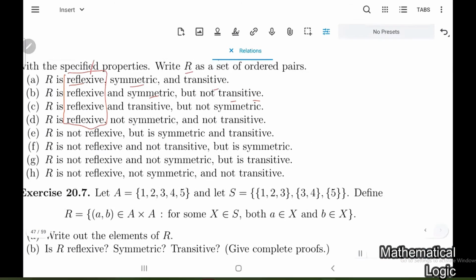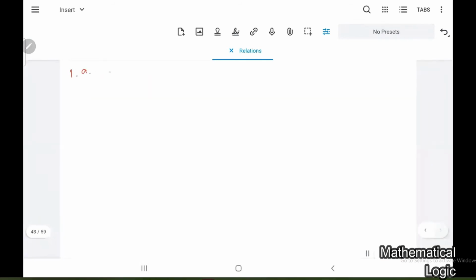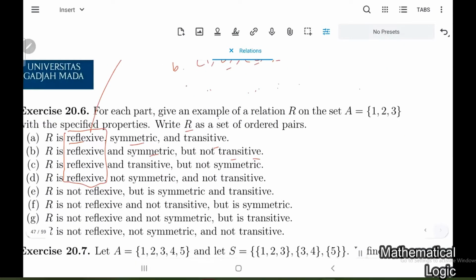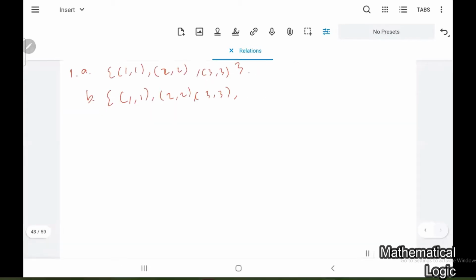So for the first one, for point A, the reflexive one, we should have 1,1, and then 2,2, and then 3,3, right? And for point B, because it is reflexive, we have to include 1,1, 2,2, and also 3,3, right? And we want a symmetric one, but not transitive. If we add, for example, 1,2, we should add 2,1, right?